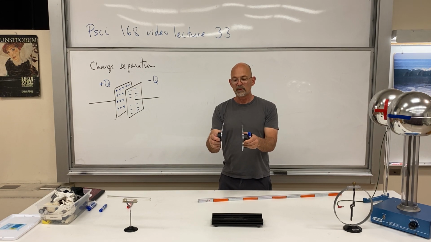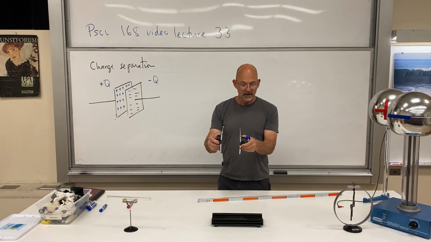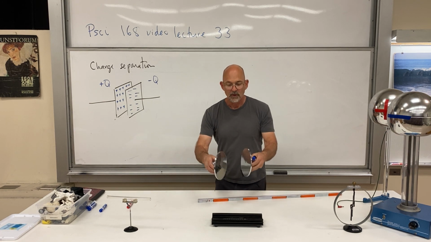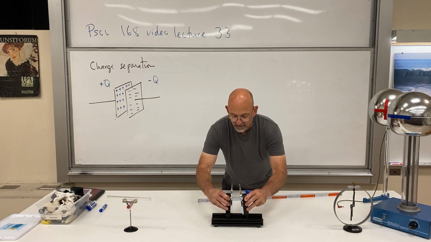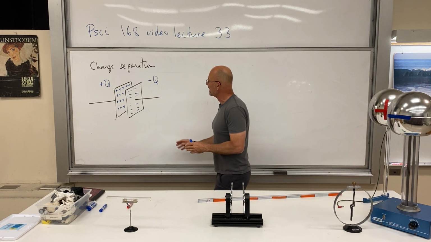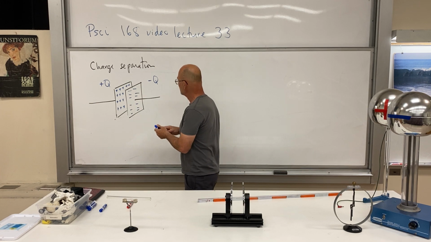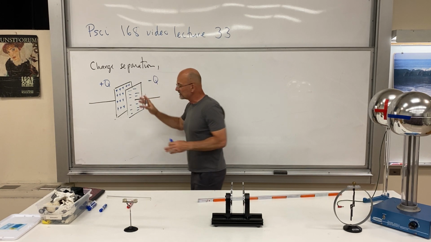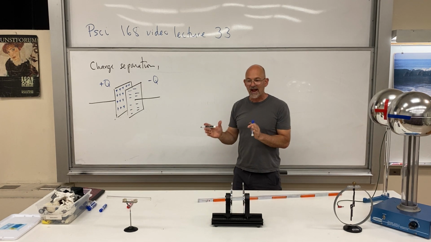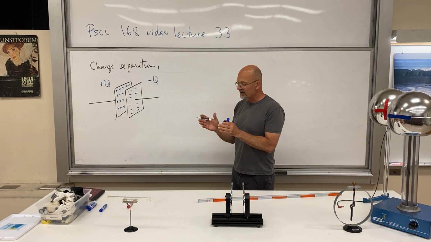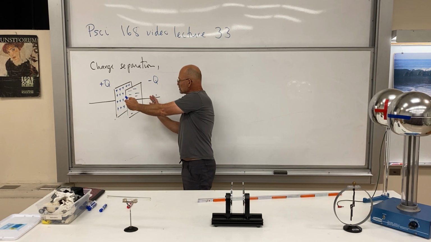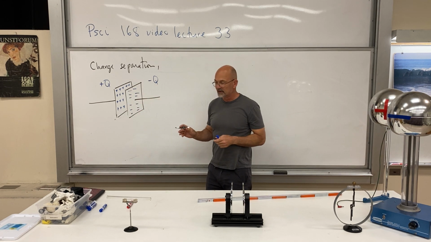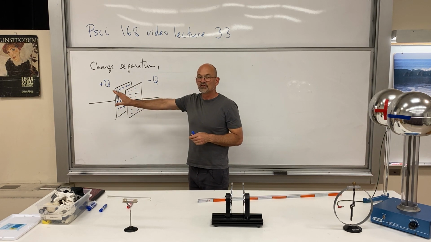Attractive force, pull them apart. I've done work, and therefore there's stored energy. So already from that idea that we have a charge separation and a force and interaction, we immediately arrive at the idea that the separated charges can represent work, and therefore they can represent stored energy.